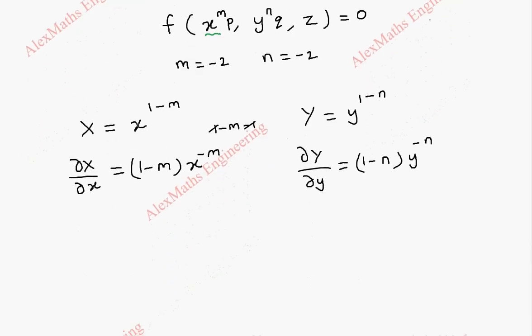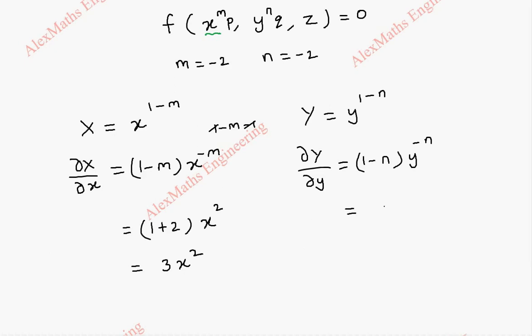If I substitute the value of m and n here, this will become (1 plus 2) into x power 2. So this is 3x square. In the same way, if I substitute the value of n as minus 2 here, this will become (1 plus 2) into y power 2, and that gives 3y square.